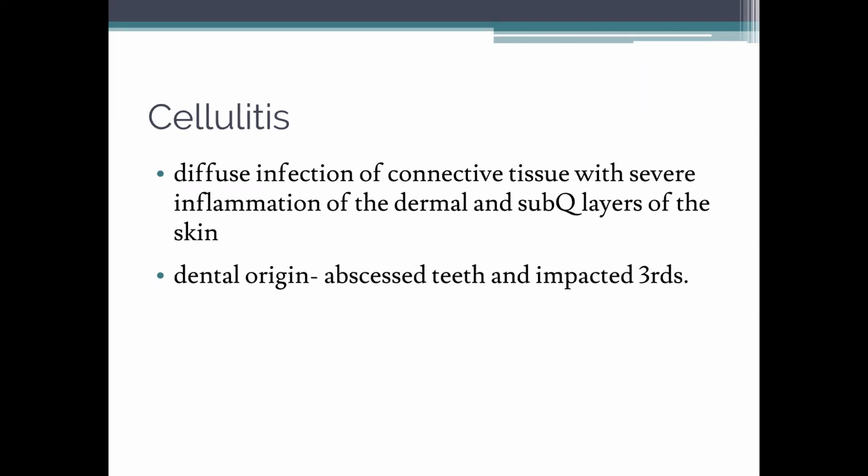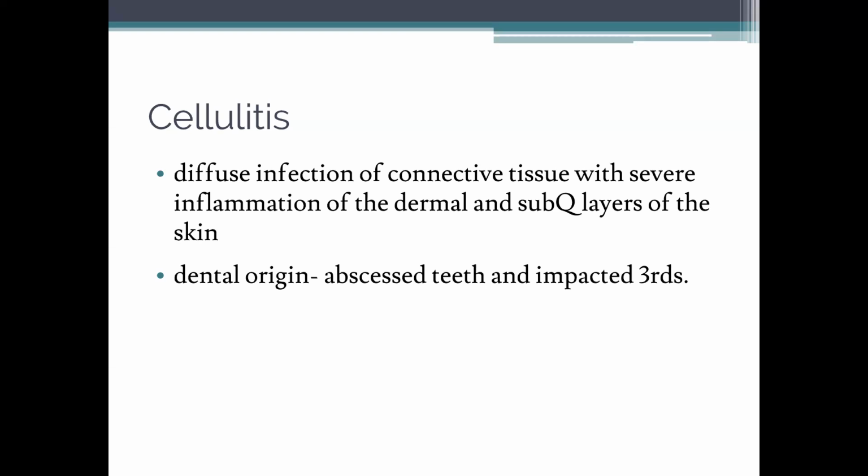Cellulitis. Cellulitis is when you have an abscess that spreads. We told you that the periapical abscess involves the periapical or the root tip. That infection can all of a sudden spread into the surrounding tissues.